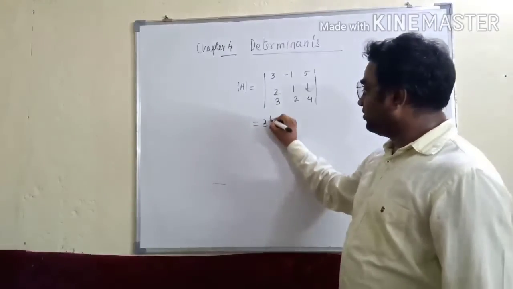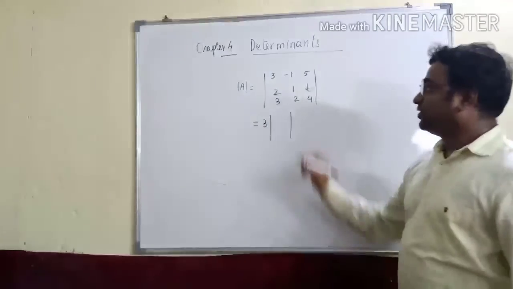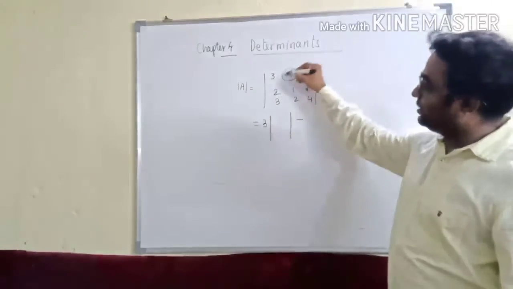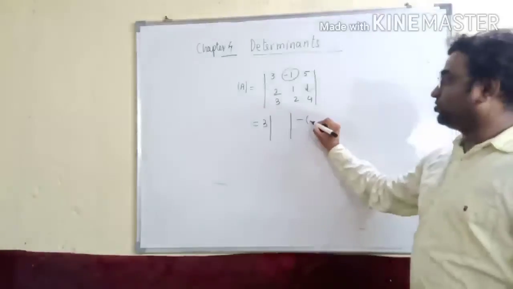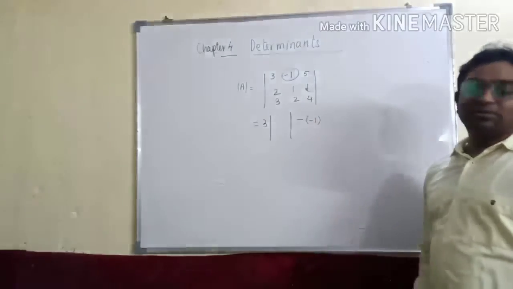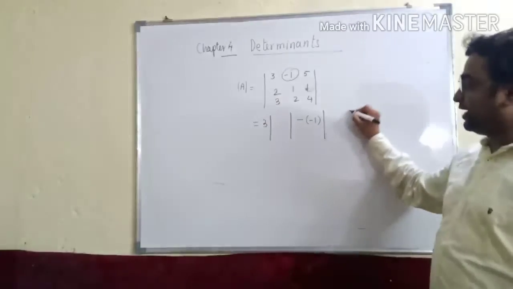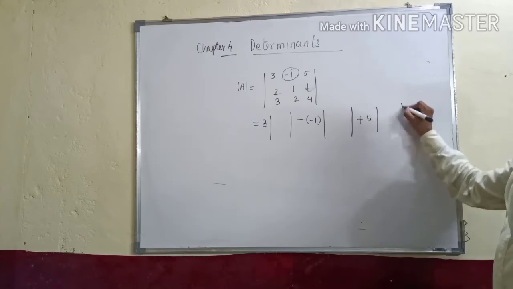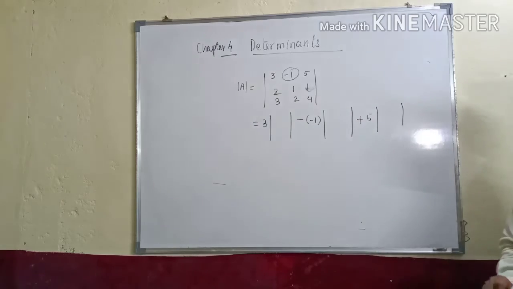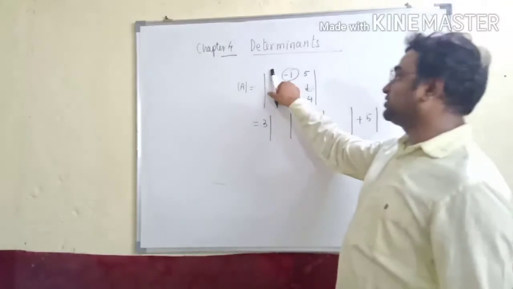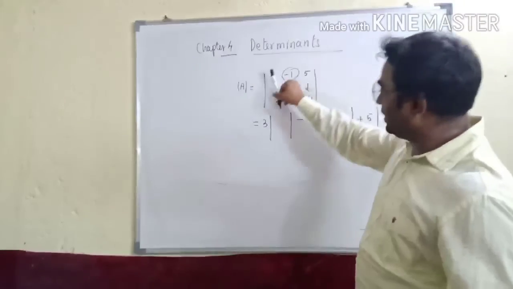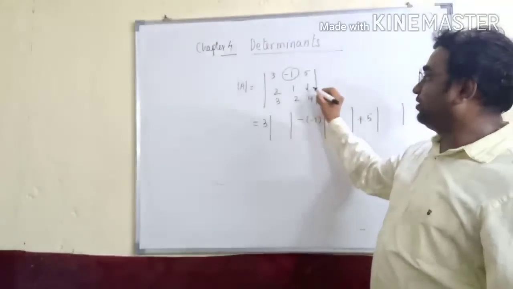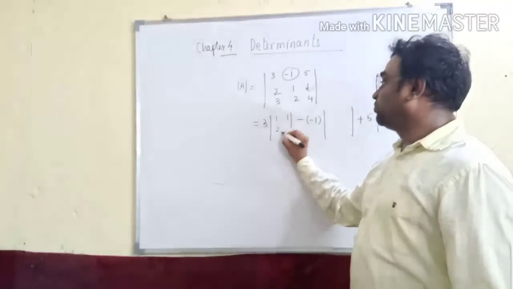You write 3 here, and a determinant. Again you have to write a minus sign, but this value is negative, so this is also negative, but it will become positive in the next step. Again we will write 5, and again a second order determinant. So when this is 3, this 2 will not be considered, so the values will be 1, 1, 2, 4.